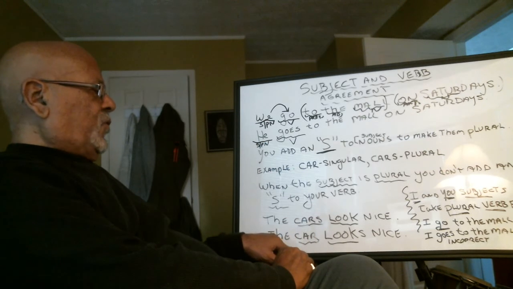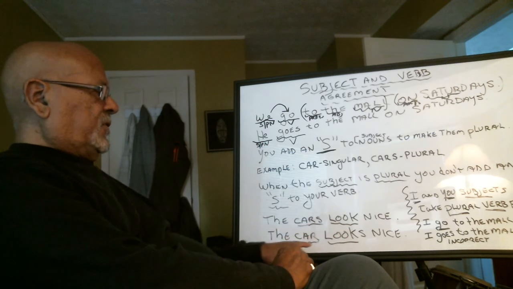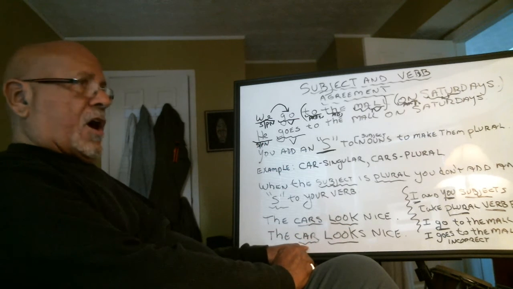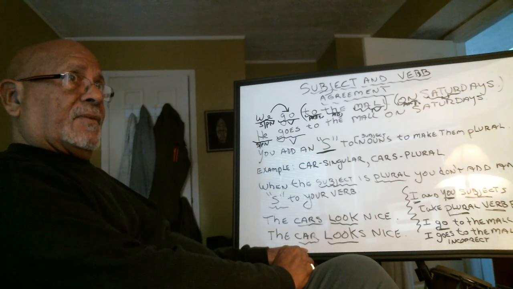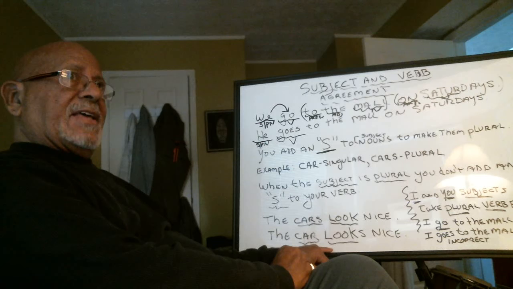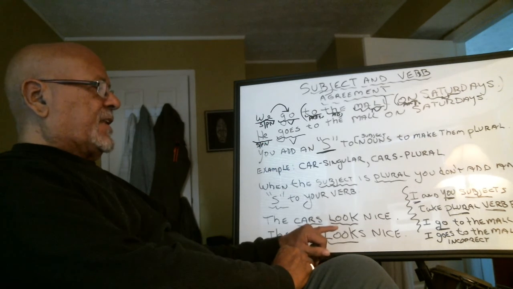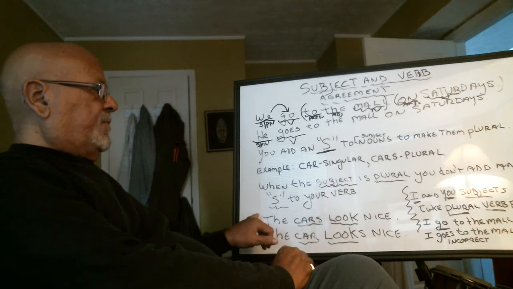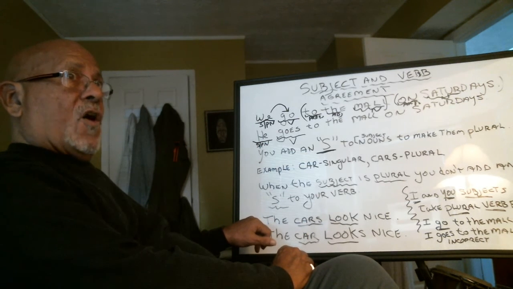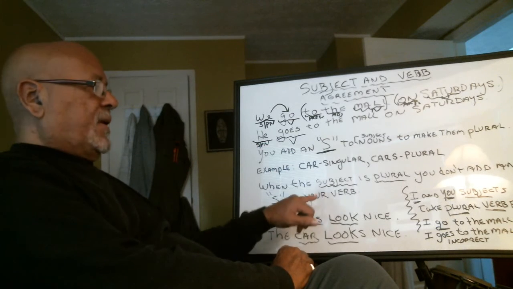If the sentence read, the car looks nice, the car, singular. So the verb now, you have to add an S. The car looks nice. Again, first sentence, the cars, plural form. The cars look, plural verb, nice.